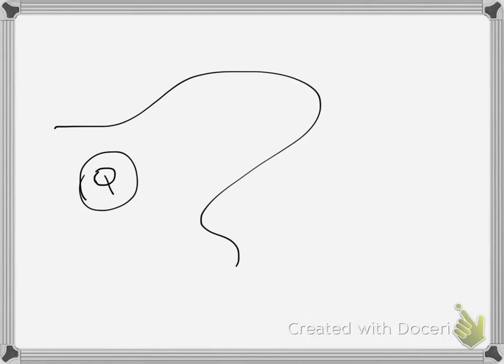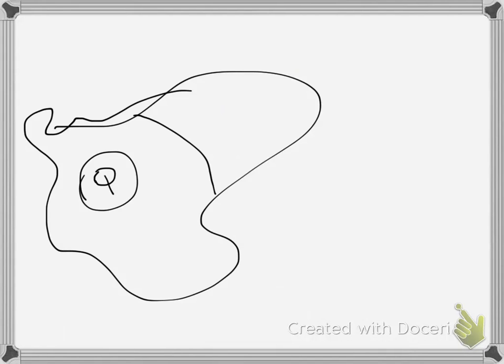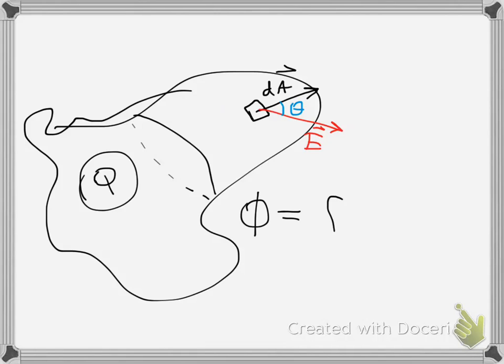And remember, if you have a charge Q, and let's say it's inside a surface, it doesn't have to be a sphere, it could be any weird 3D surface, then if we have a little area element dA, this is the vector dA, and let's say the electric field is like this, and let's say the angle between them is theta, then the flux through this entire surface, phi, equals the surface integral over this whole surface of the electric field dotted with the area vector, and that's the flux.